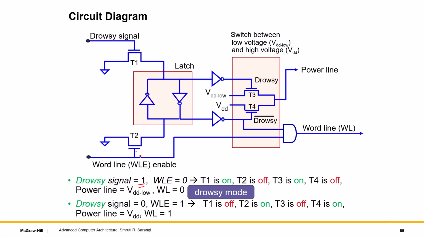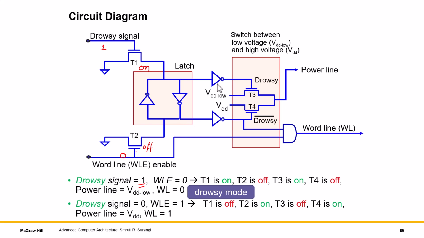That is how our logic is: if the drowsy signal is set to 1, then the word line enable here, we make it 0. So what would this mean? T1 is on, so let's say this is on. T2 is off because this is 0. And T3 is on.